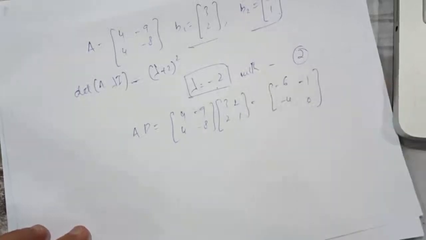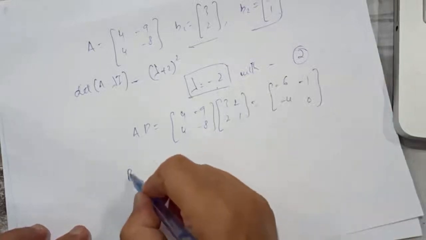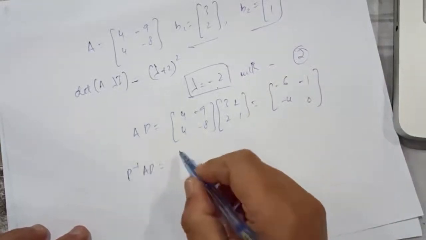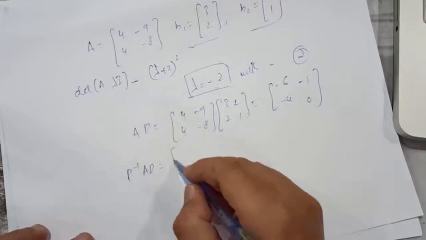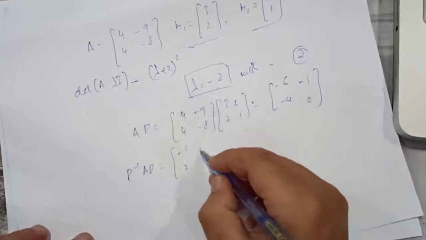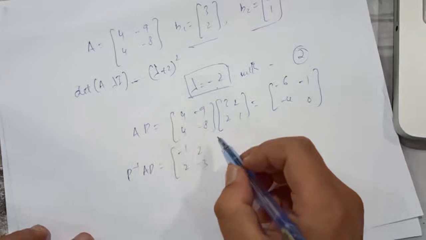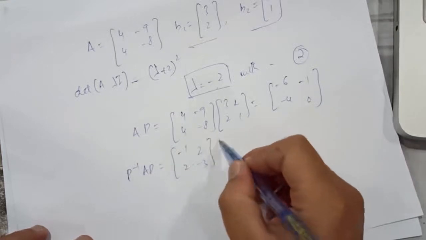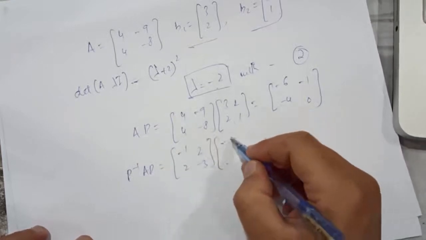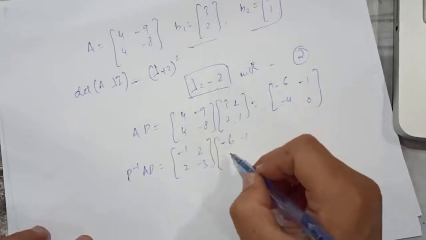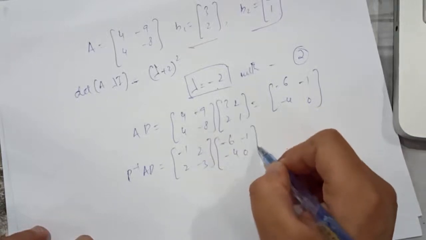And then P inverse AP we can find easily, which comes out to be minus 1, 2, 2, minus 3, times minus 6, minus 1, minus 4, and 0.